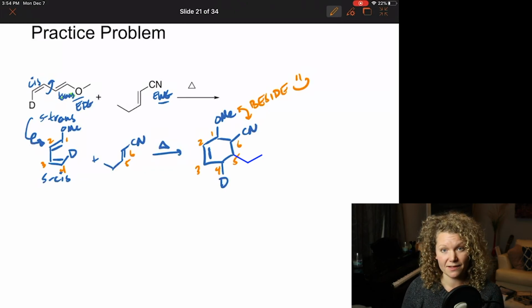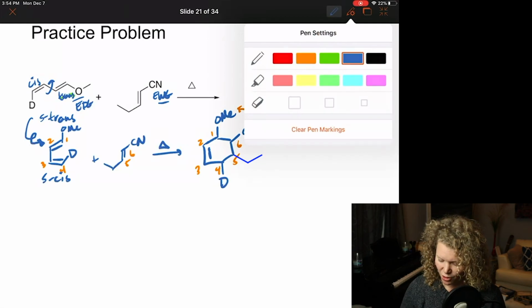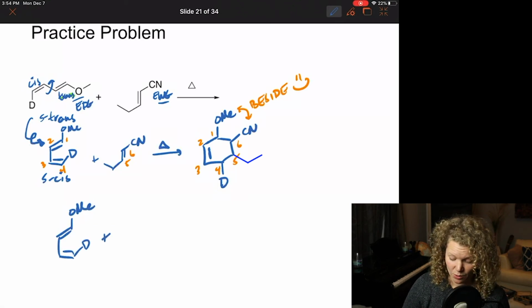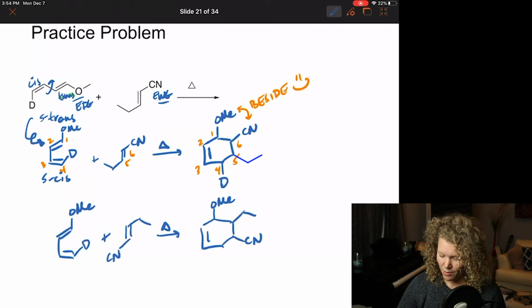So this is favored. Let me show you quickly how that would happen. So you'd use the same diene, and we would just flip, let's say this was drawn flipped over. This would cause you to draw a product like this.